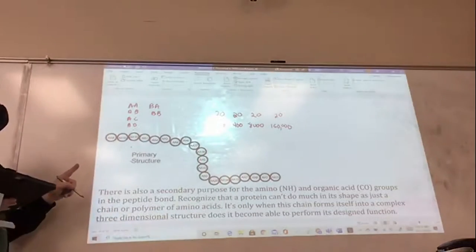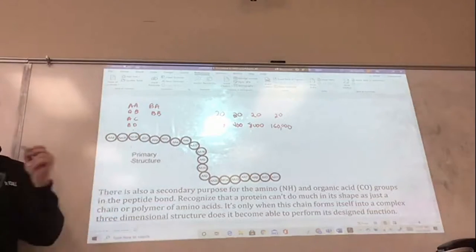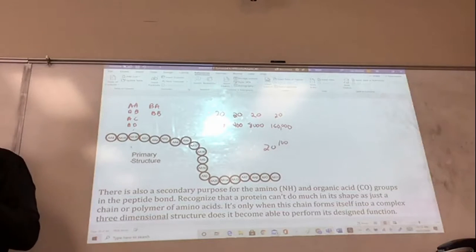Imagine if I had 100 amino acids in a protein. How many different proteins could I make with 100 amino acids? And that would be 20 to the 100th power.